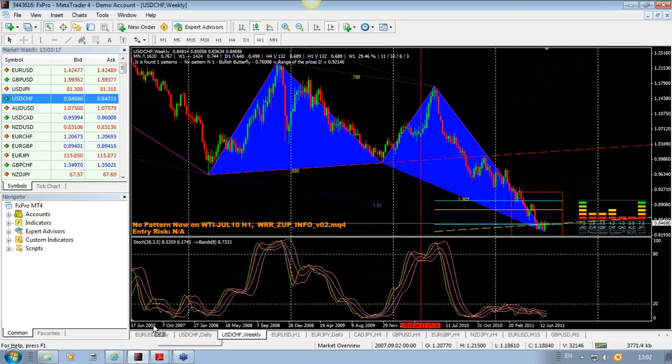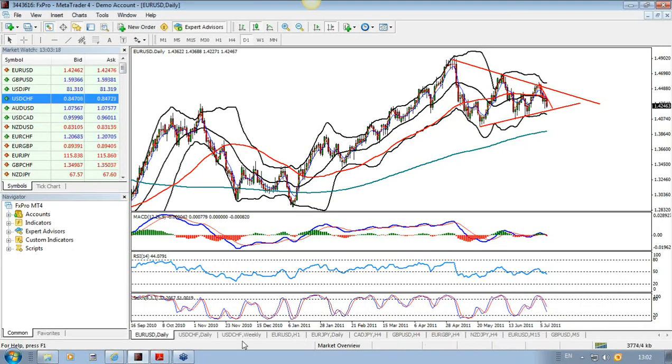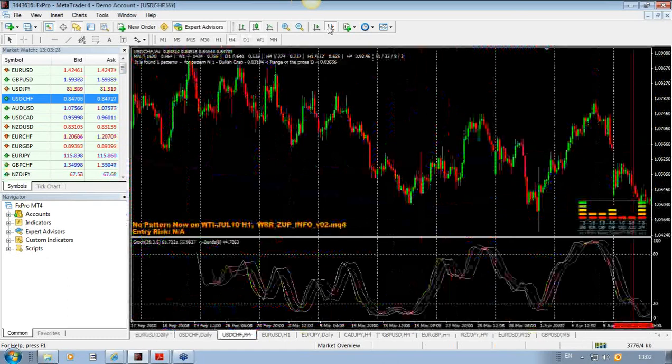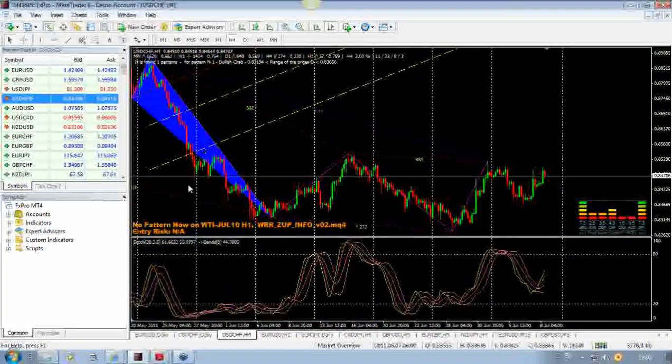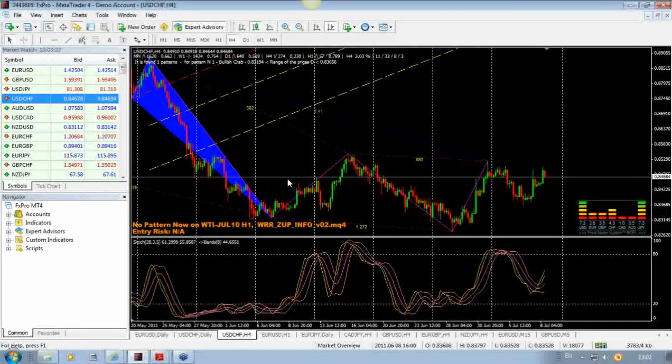So how to use this indicator? Look for very tight situations. When you have very tight situations, even if there is no harmonic pattern, you can get ready for a powerful retrace of the market.